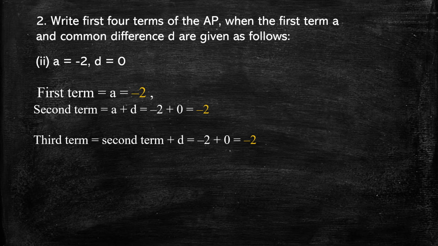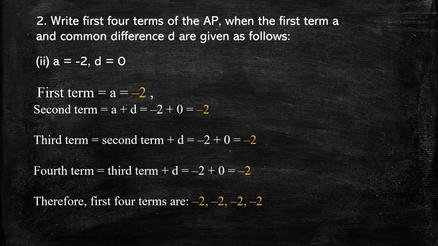Add common difference 0 to it. Minus 2 plus 0 is again minus 2. What is the fourth term? Third term plus the common difference, that is minus 2 plus 0. So again it is minus 2. So all the four terms are minus 2. Children, remember that an arithmetic progression having a common difference of 0 is called a constant arithmetic progression. This is an example of a constant arithmetic progression. Understood?